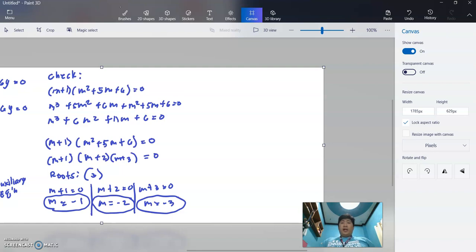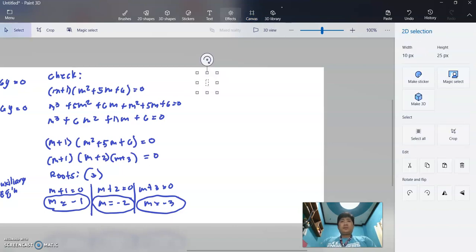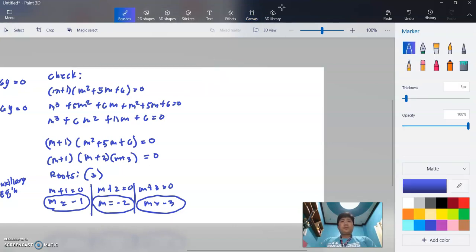No roots are equal. Okay? So since they are not equal, we could still use our y equals c sub 1 e raised to the power of r1 x plus c sub 2 e raised to r2 x plus c sub 3 e raised to r3 x.